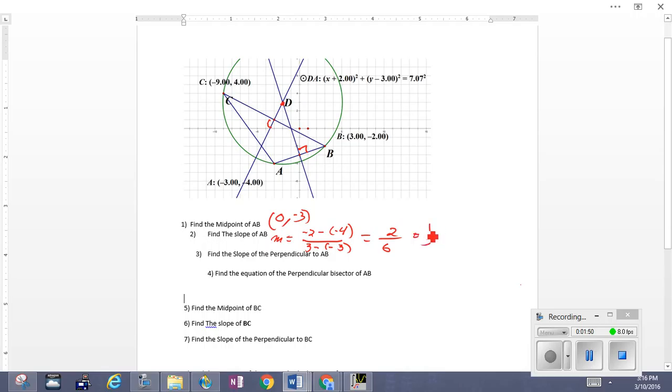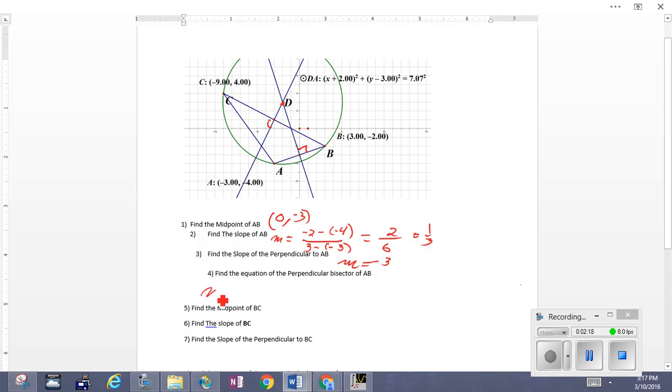I don't want the slope of AB. I want the slope of the perpendicular to AB, which is flipped over and with the opposite sign. So that means that the slope of the perpendicular bisector is the slope of -3, right? Okay? I want to find the equation of the perpendicular bisector of AB, the equation of the line. I have everything I need.